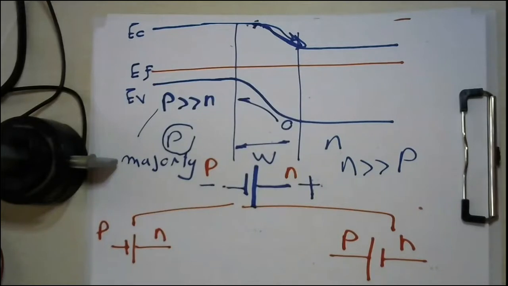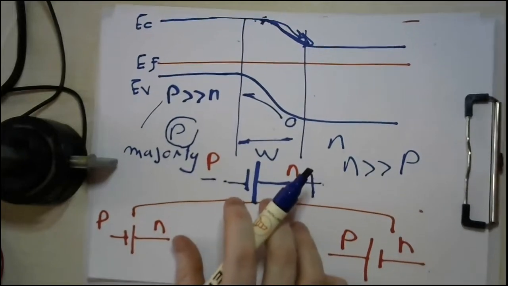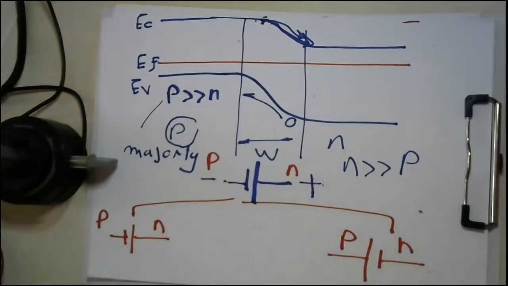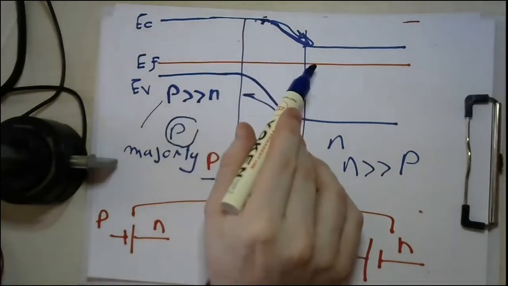So simply, if I add a battery in this way, this battery has the same potential as the building potential. What is going to be implemented is that this drift will increase.